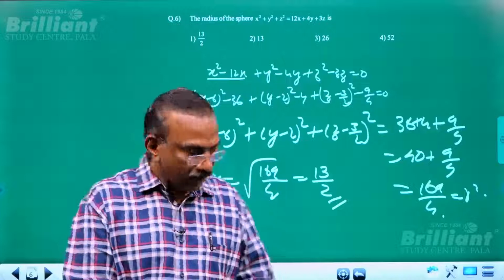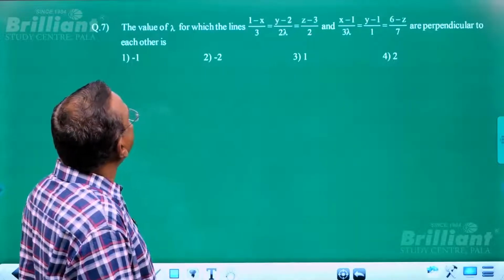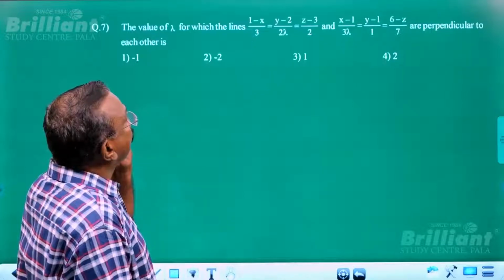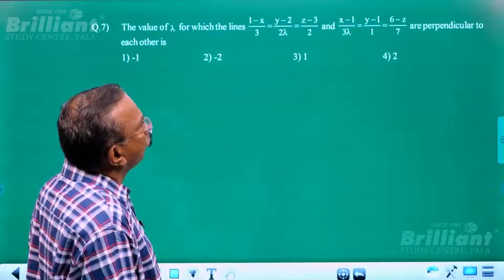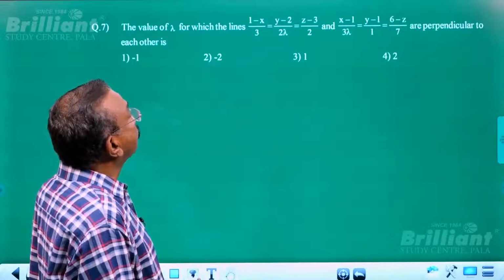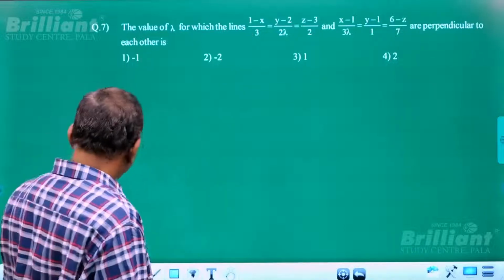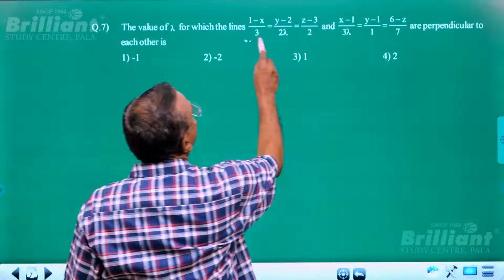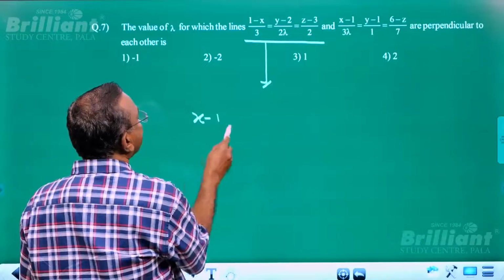Now question number 7. In this problem, the value of lambda is to be identified, where (1 minus x) by 3, (y minus 2) by 2 lambda is equal to (z minus 3) by 2, and (x minus 1) by 3 lambda, (y minus 1) by 1 and (6 minus z) by 7 are perpendicular to each other. So first of all, you convert the question in a proper way by shifting the sign. Here you can put x minus 1 by minus 3.